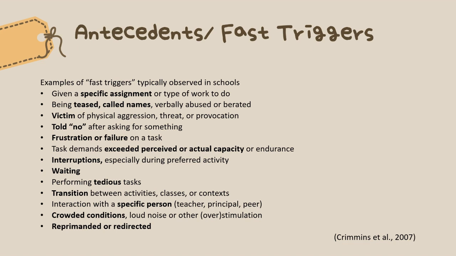Examples of fast triggers typically observed in schools are when given a specific assignment, when being teased, called names, or verbally abused or berated, when student is a victim of physical aggression, threat, or provocation, when student experiences frustration or failure on a task, when task demand exceeds perceived or actual capacity, when interacting with a specific person, teacher, peer, and when being reprimanded or redirected.